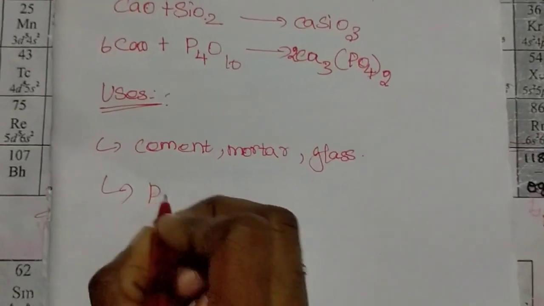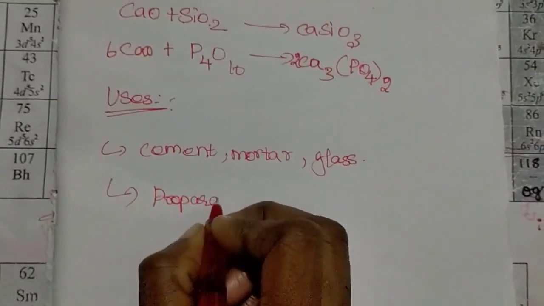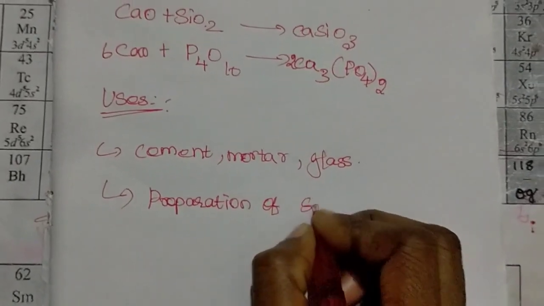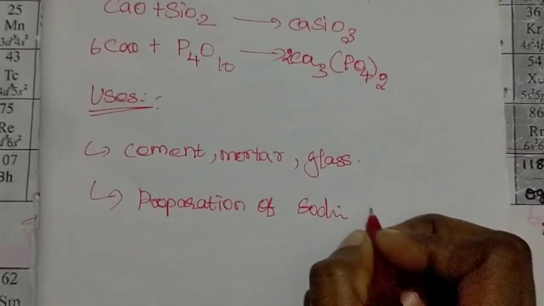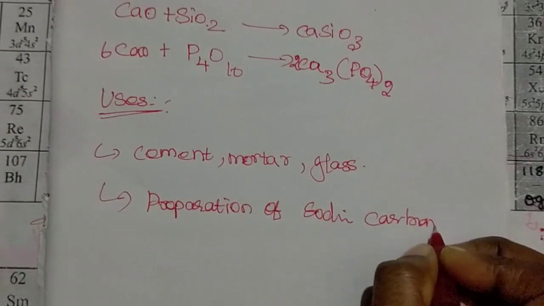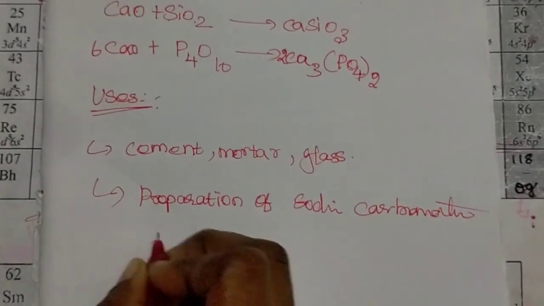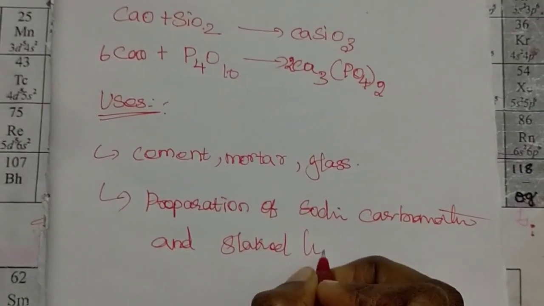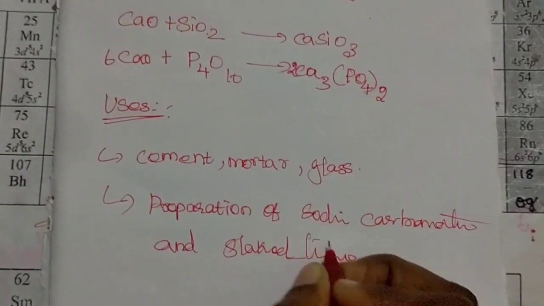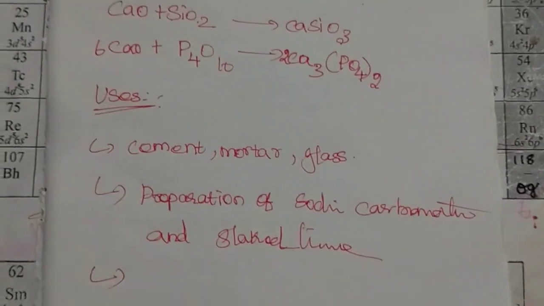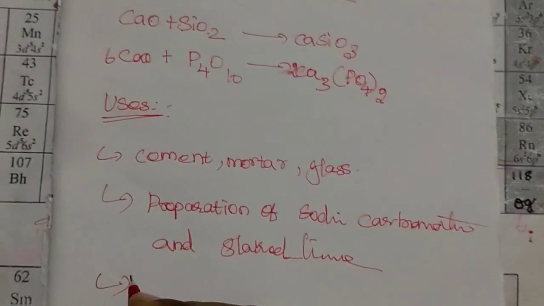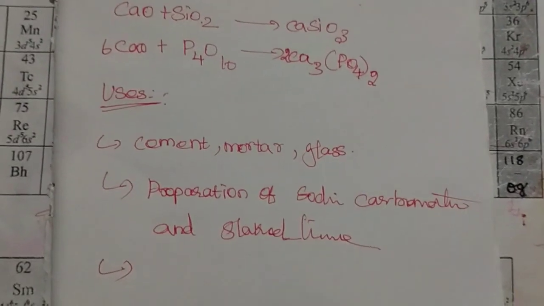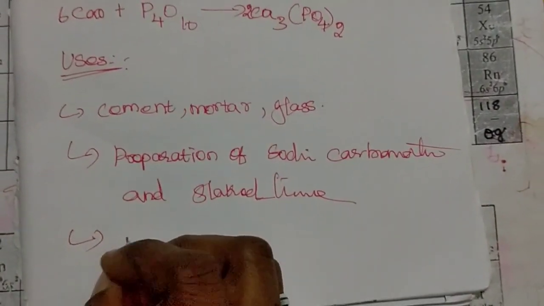Sodium carbonate and slaked lime, and also calcium oxide is used in the purification of water and in the process of purifying sugar.